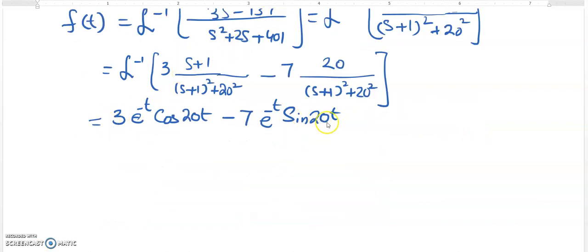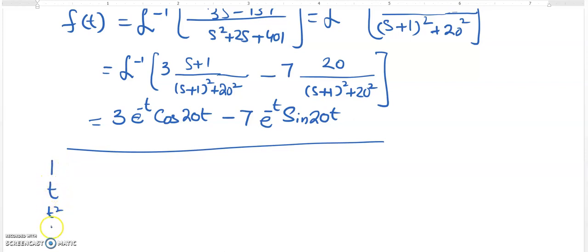Okay, so with the derivation of the formula, we have now found the Laplace transform of 1, t, t square, t power n plus 1. We have also found the Laplace transform of t power a, and of e power at.